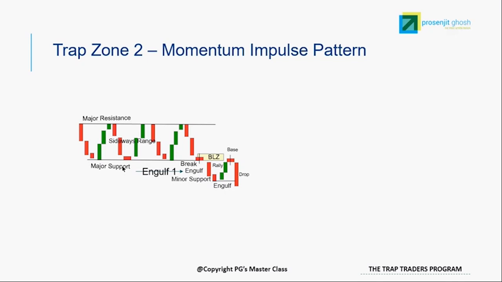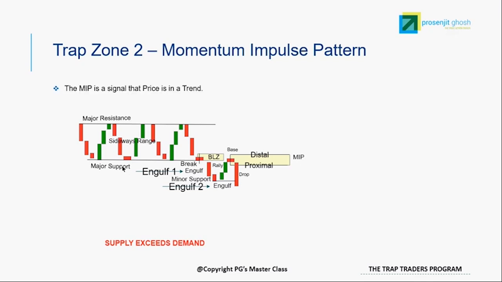We know this is our engulf number 1, this is our engulf number 2. So if 2 engulfs happen of 2 supports and price creates a rally base drop, we know this rally base drop is our MIP and we can draw a proximal line and distal line and we can take the trade. So once that happens, we know supply exceeds demand.